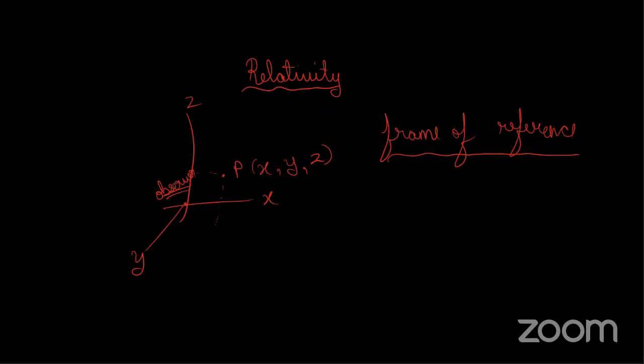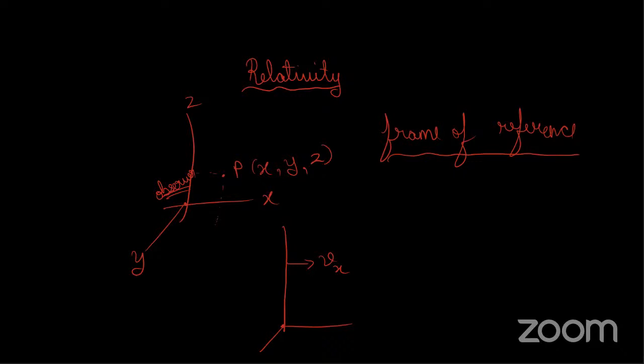Like if we have a coordinate system like this, and the observer is at the origin, and the observer is moving at a velocity v along the x-axis, with velocity vx, then the whole coordinate system, that is the x, y, and z axes, will move, right?